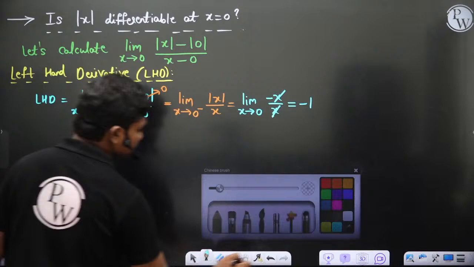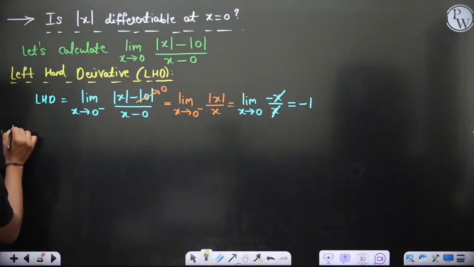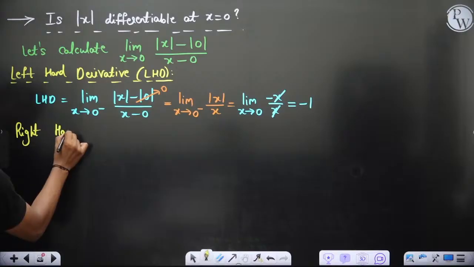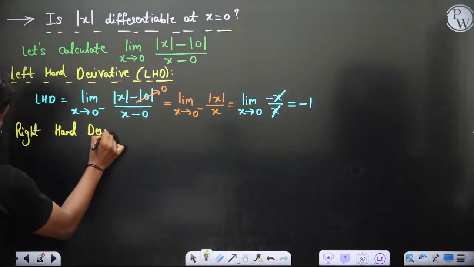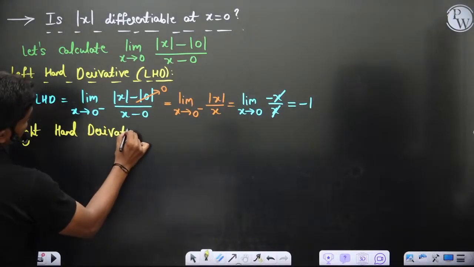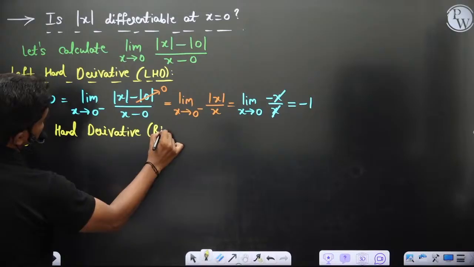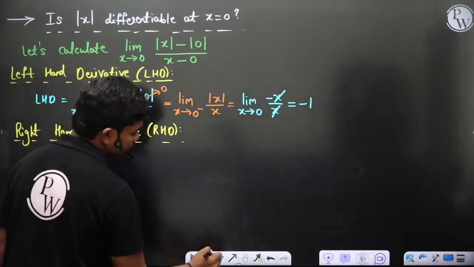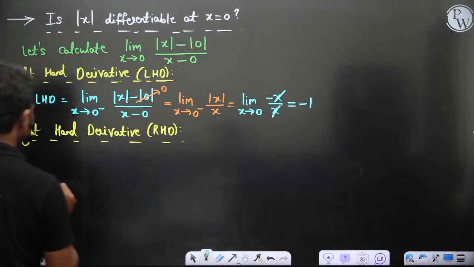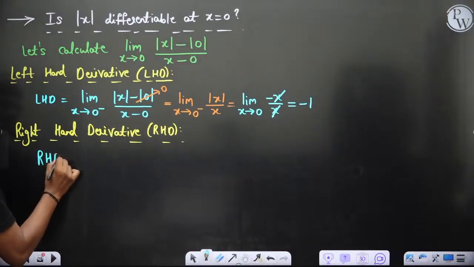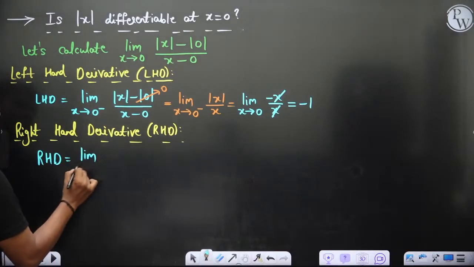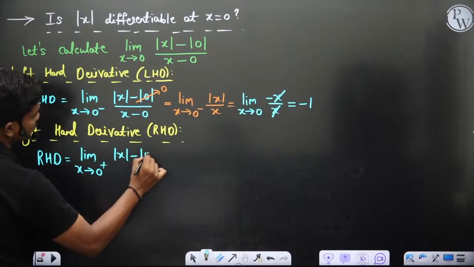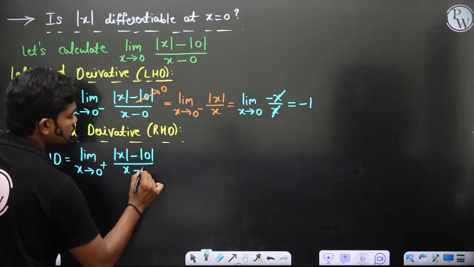Now when you come to the right hand derivative, let's see. For example, if you calculate this, then let's take it up. Okay, so our right hand derivative is equal to limit x tends to 0 plus mod x minus mod 0 by x minus 0, of course.